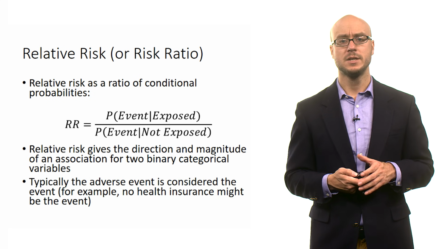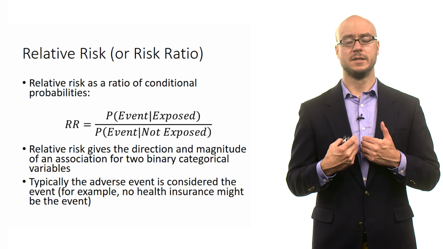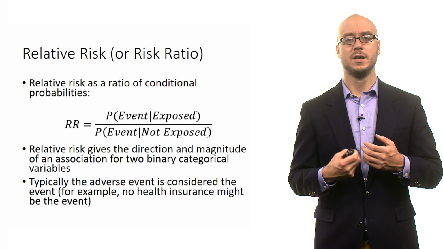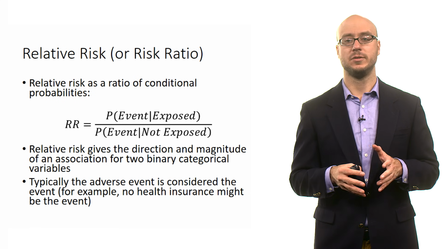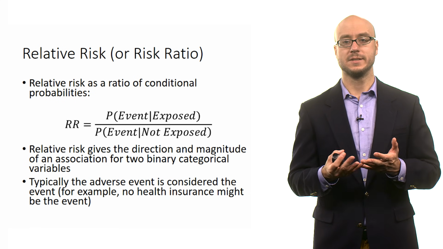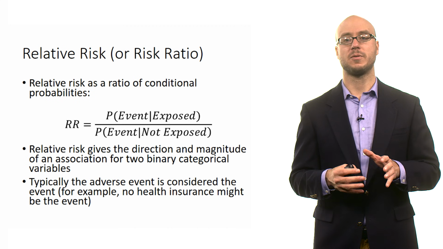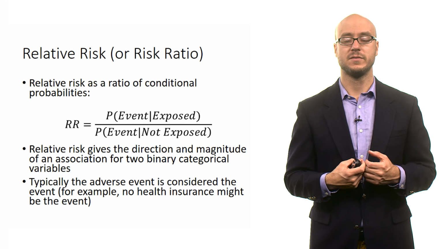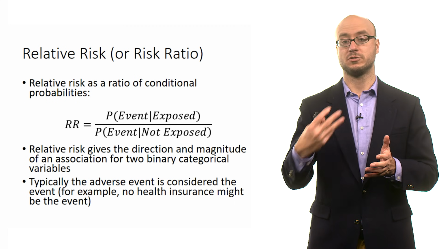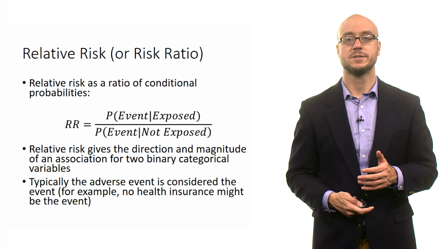Typically when we look at the event, we frame it in terms of some adverse event. You don't have to do that, but that's why they call it a risk. Because you might say, what's the probability of getting a disease? That's the event of interest, given someone in your social network also has that disease.